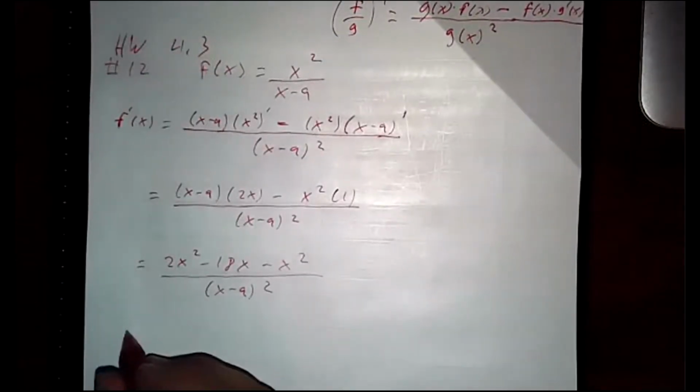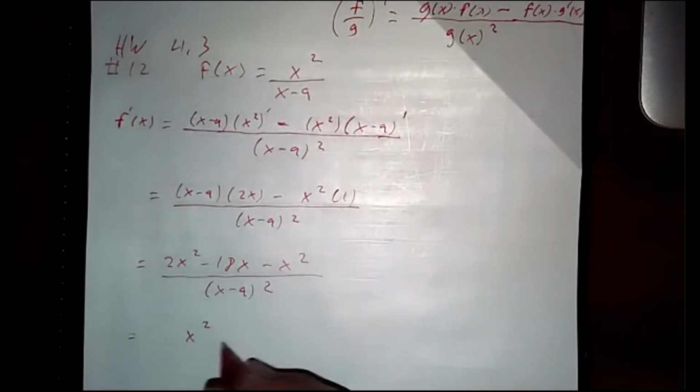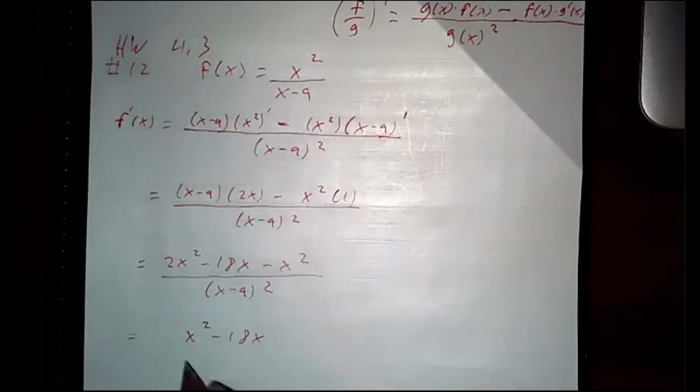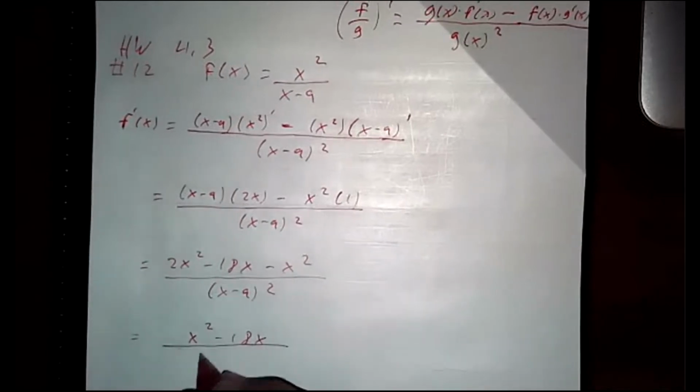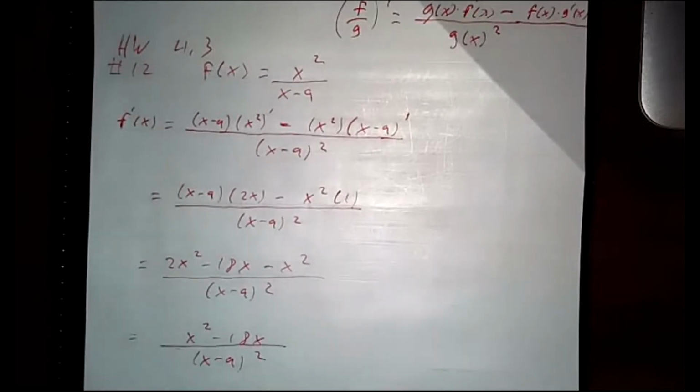Okay, so that'll become x squared minus 18x over x minus 9 squared. All right, so that's pretty much as pretty as it's going to get.